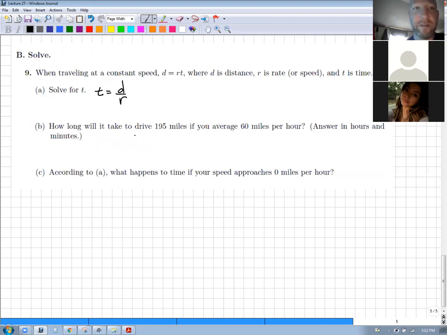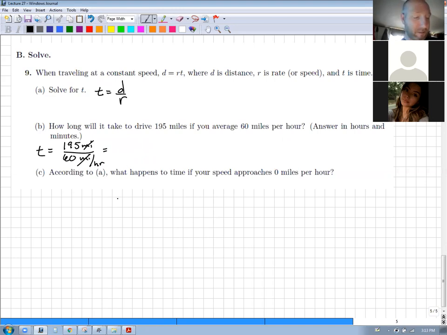Answer in hours and minutes. Okay, well, using our formula, we want 195 miles divided by 60 miles per hour. So notice miles go away and we have 1 over hours. That's how we're going to end up with hours as our result here.